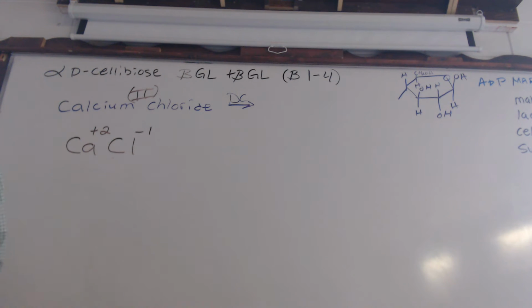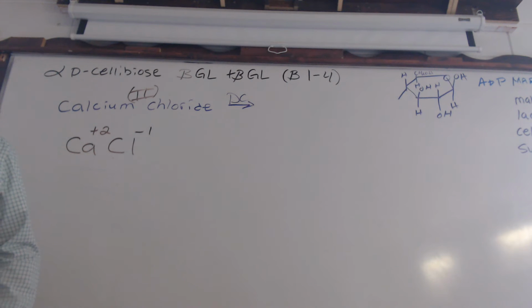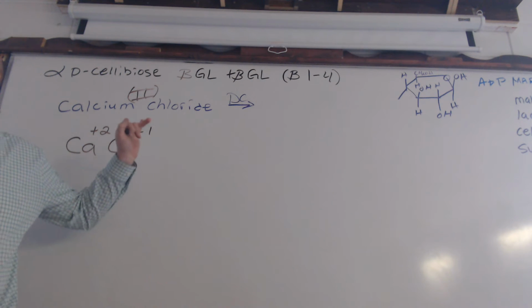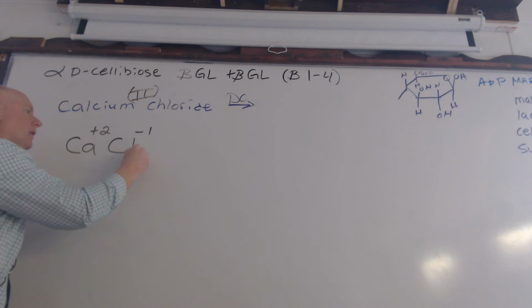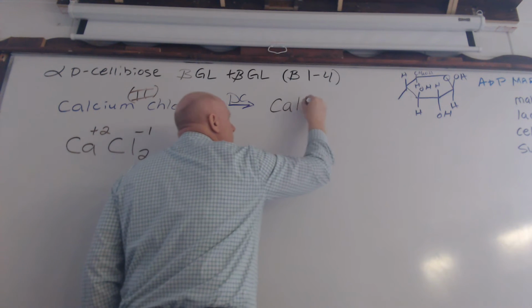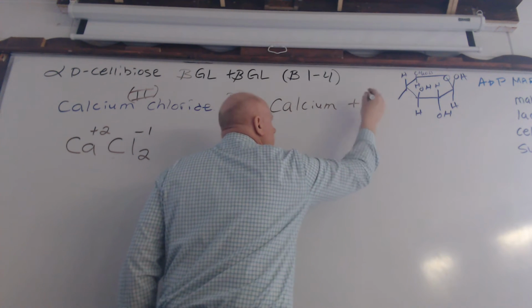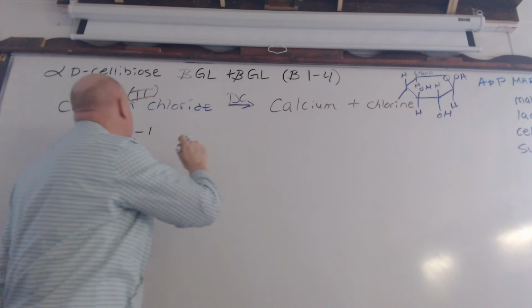Okay, what's the least common multiple between 1 and 2? Okay, so how do we get these charges to add up to 0? Okay, so what this is saying is this will decompose to this. Okay.